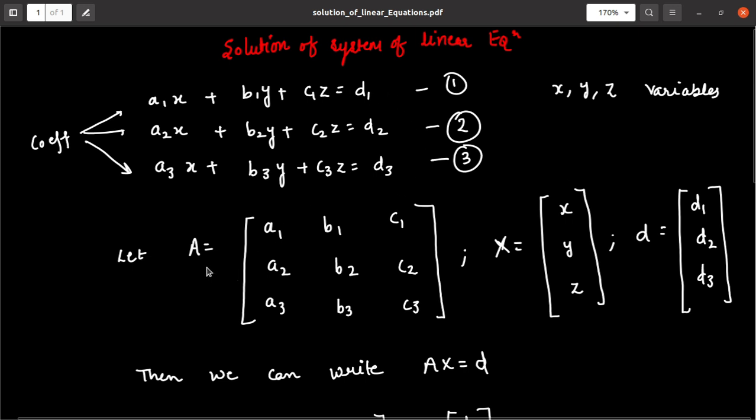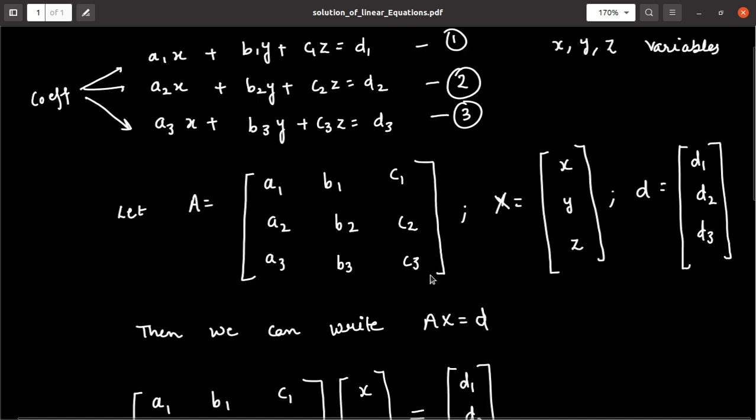That means if we create these matrices and vectors, we can write A times X equals d. If I multiply this coefficient matrix with this column vector X, and then equate it with this d column vector, we will get these three equations back.